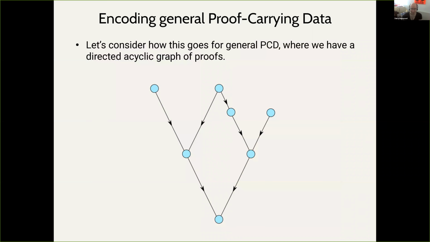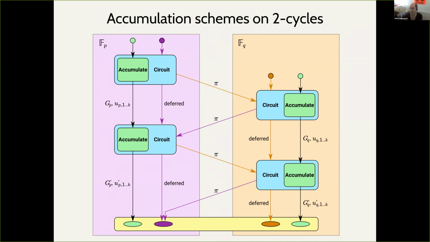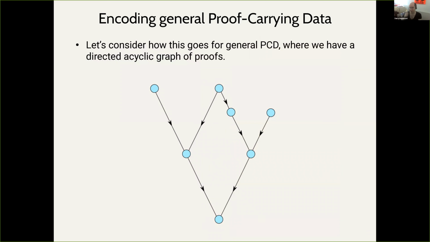Okay, so this was the case where we're just doing incremental computation in a linear series of steps. You can generalize it to a graph of proofs. So here, for example, this proof on the middle left depends on the proofs on the top left and top middle, and so on.